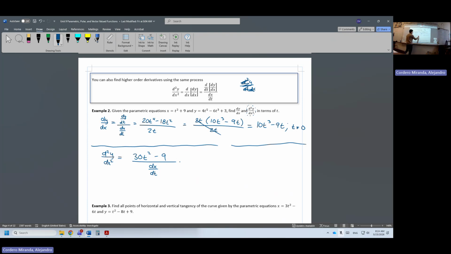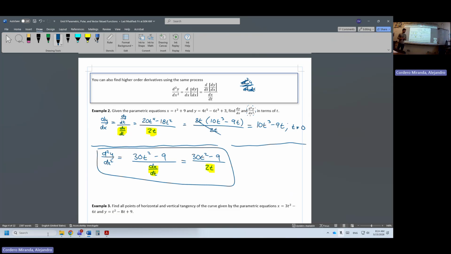So that would be 30t squared minus 9 over, what was it? 2t. Nice, yeah, it is 2t. Over that. That's your second derivative of y with respect to x.